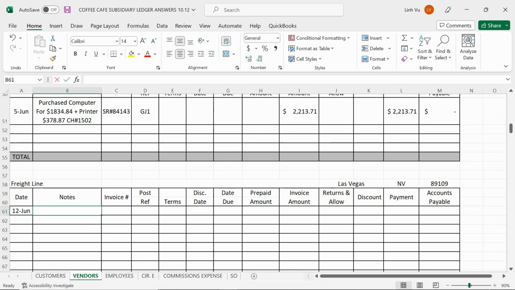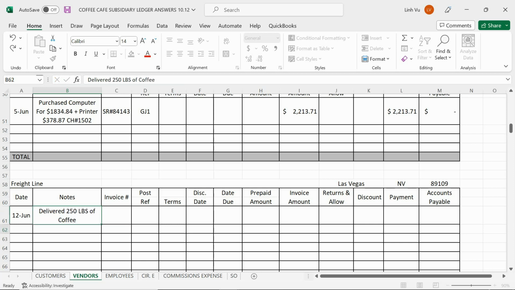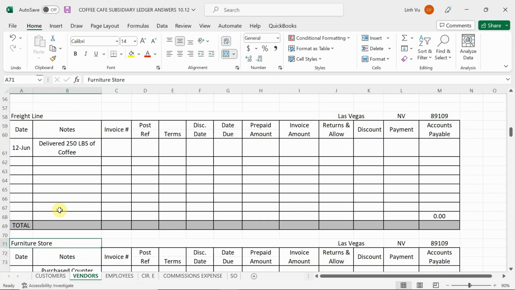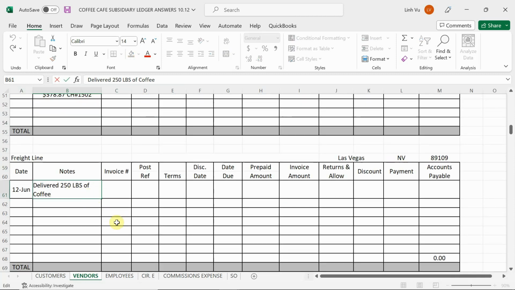And I'm going to call this delivery shipping cost. Delivered 250 pounds of coffee. Okay. General, oh, and I used check number 1513. Check number 1513.